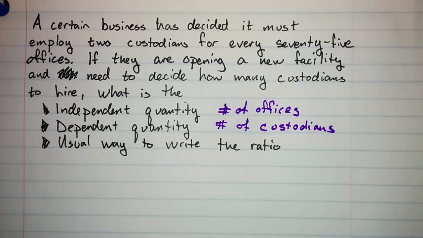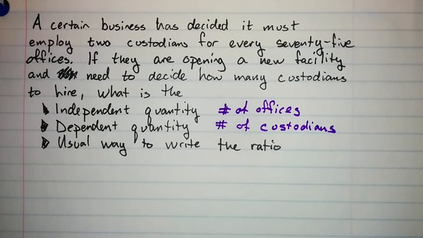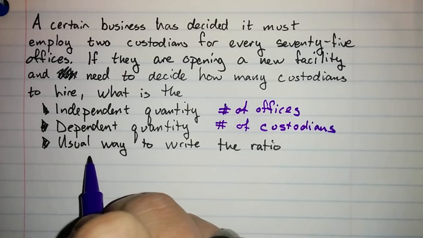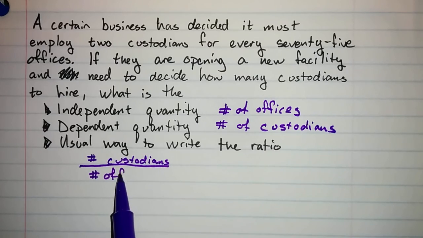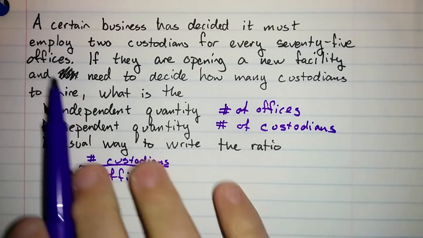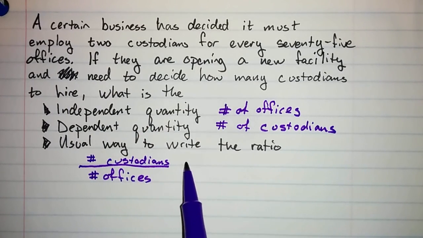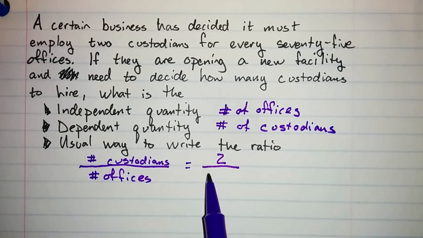And so the usual way to write the ratio is dependent over independent. So number of custodians over number of offices. And according to the story, it's 2 custodians for every 75 offices.